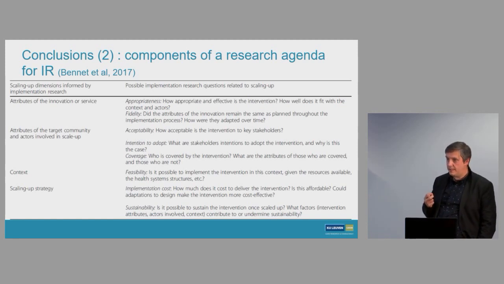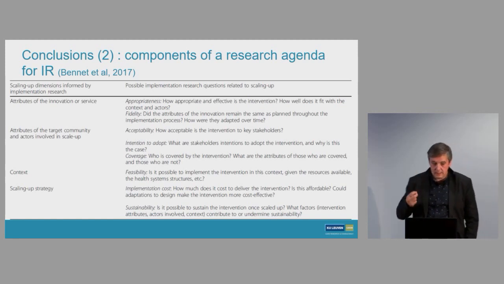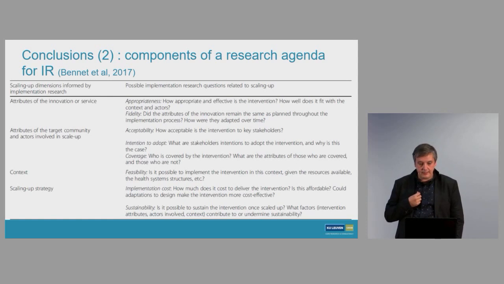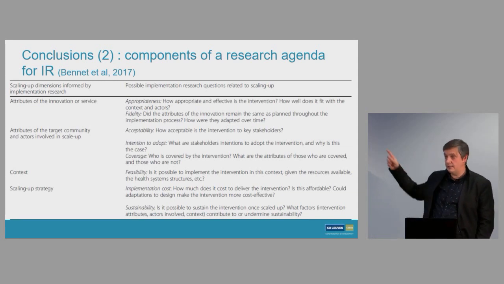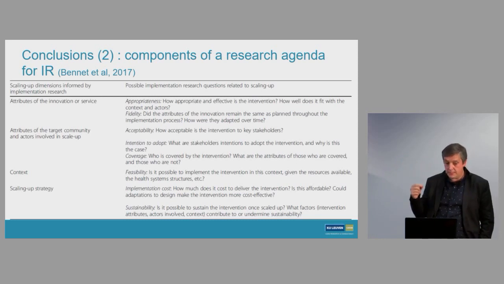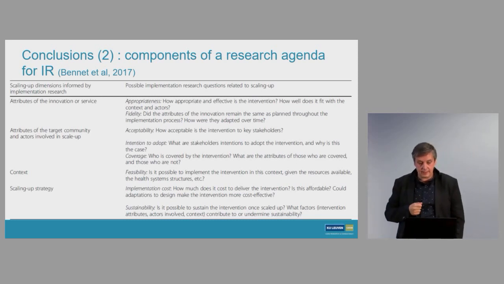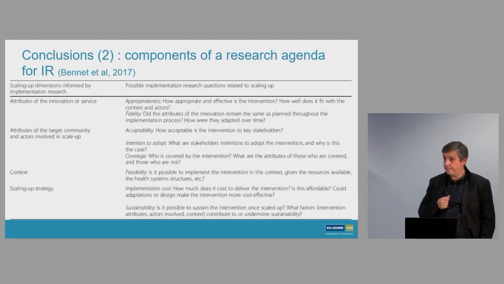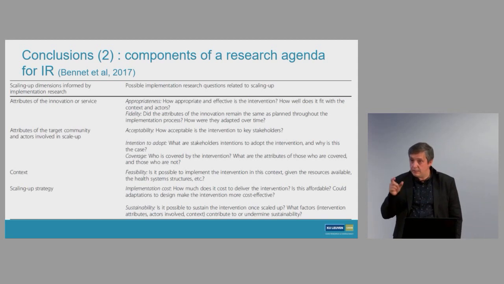What's implementation research about? It's about asking how appropriate and effective is the intervention. How well does it fit with the context and the actors? You see the realist evaluation approach. To what extent is housing first or other models appropriate in the context? Fidelity. Do we stick to the model? Do we stick to the decoupling or not?